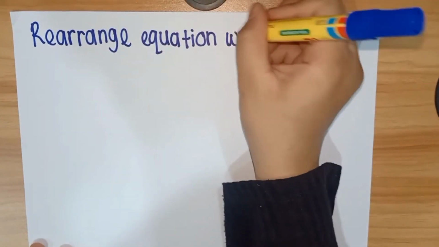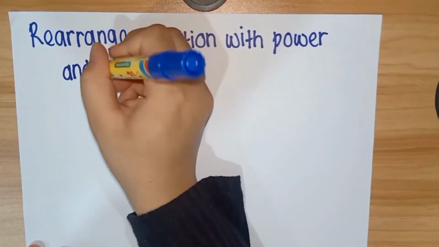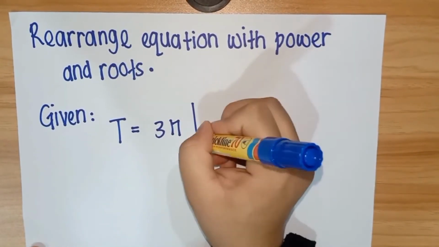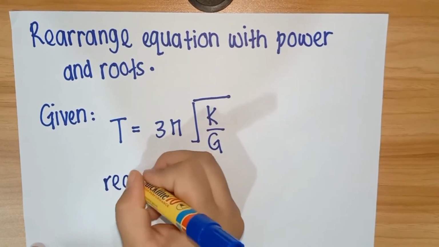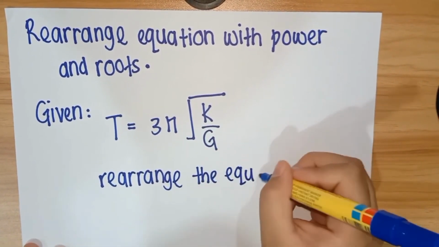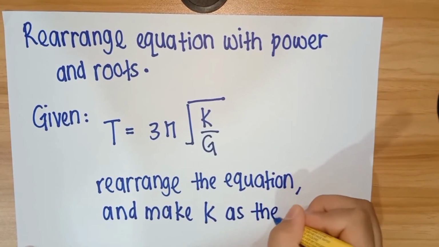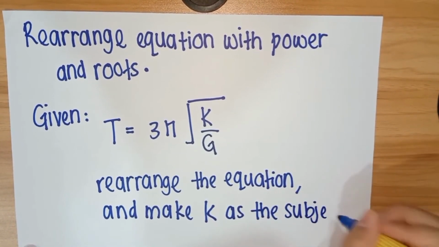Now let us look at an equation involving power and root. The equation given is T equal to 3 pi square root of K over G. The question asks us to rearrange the equation and make K the subject.